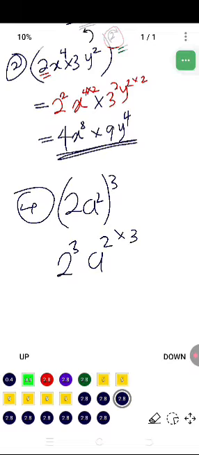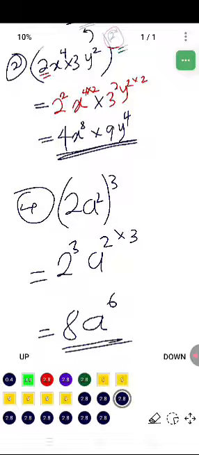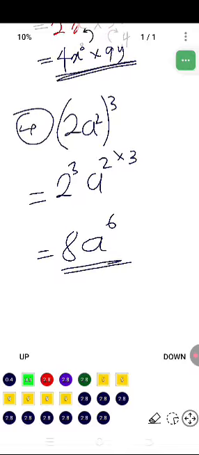That will be equal to 2 raised to power 3 is 8, a raised to power 6.